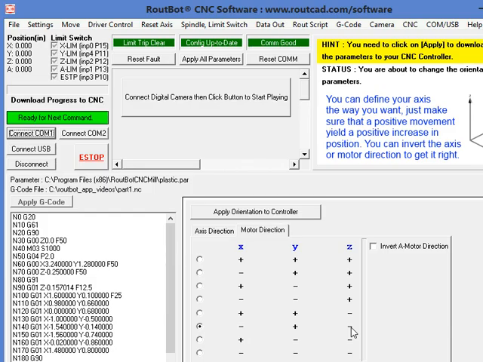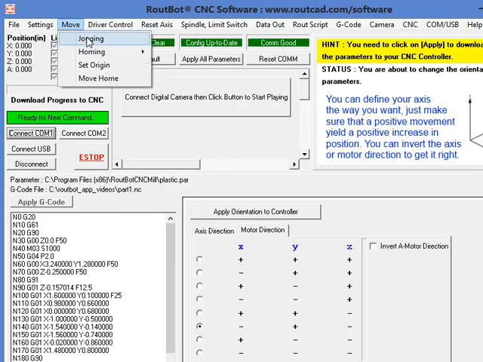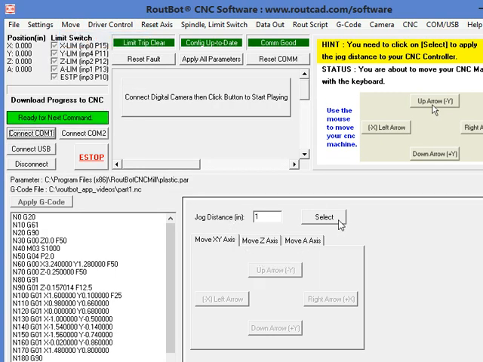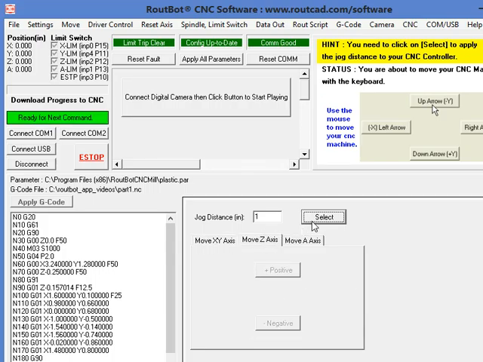What that means is that if you go to Move and then Jogging, and you perform a certain motion on the positive x-axis, the positive y-axis, and the positive z-axis, you need to look at your CNC and see if the axes physically move in the proper direction.